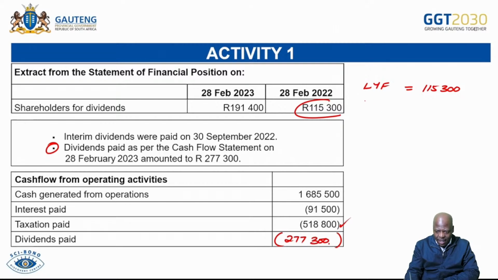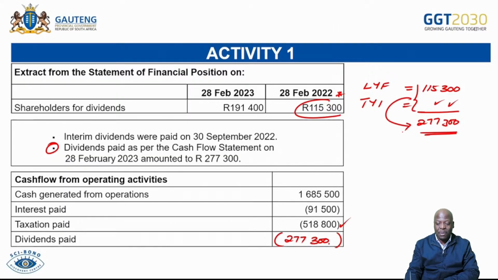If we were given this year's interim, then we would have put that interim here, and then it would have given us our 277,300. This is the one that you've always been doing in class. Last year's final dividends plus this year's interim dividends, which you bring here, then the total will give you the 277,300. We still okay? Okay, so if we're good, maybe we can move on to the next calculation.